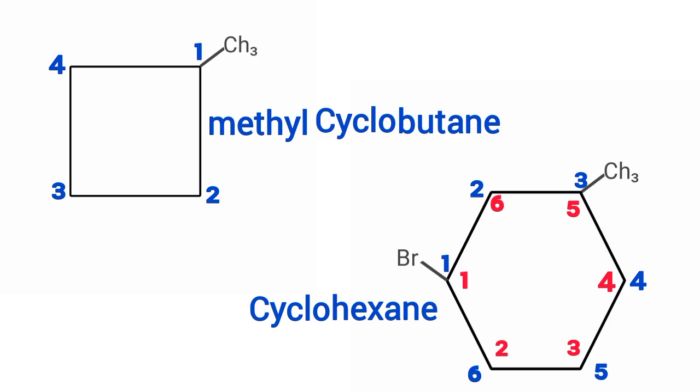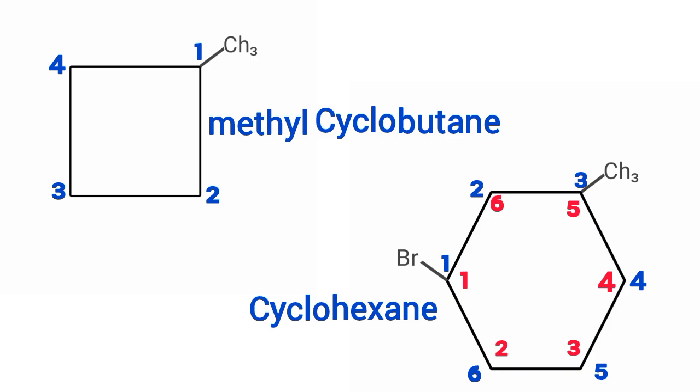If we number in the clockwise direction, our substituent will be on carbon 1 and 3. If we number in the anti-clockwise direction, our substituent will be on carbon 1 and 5.